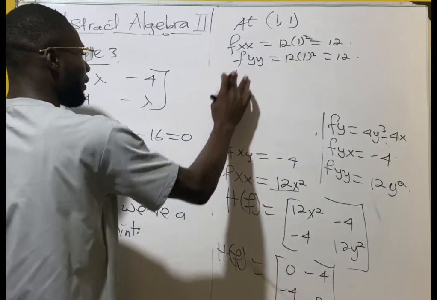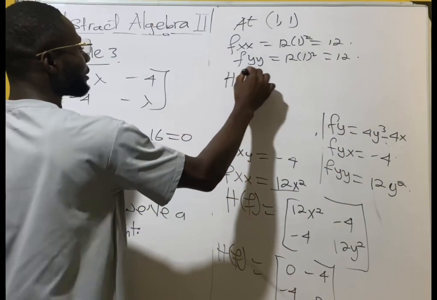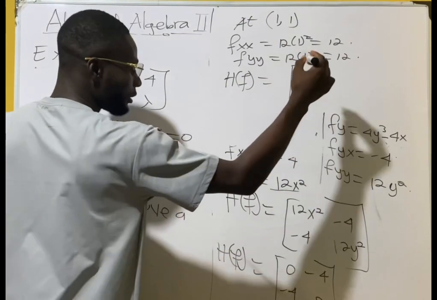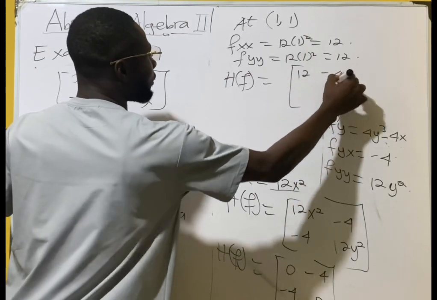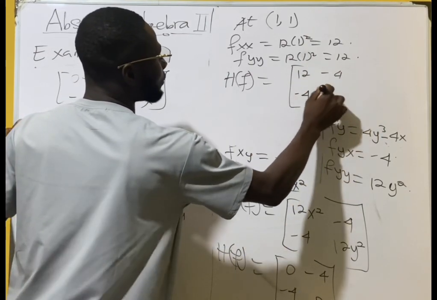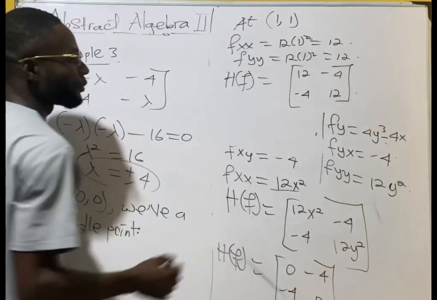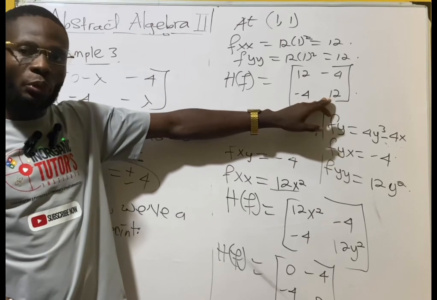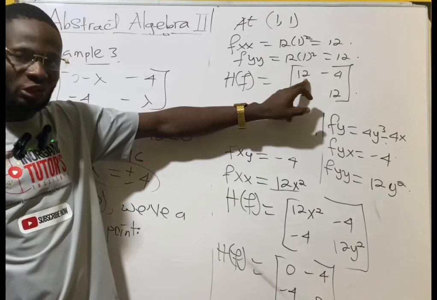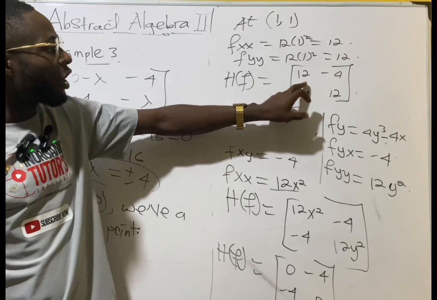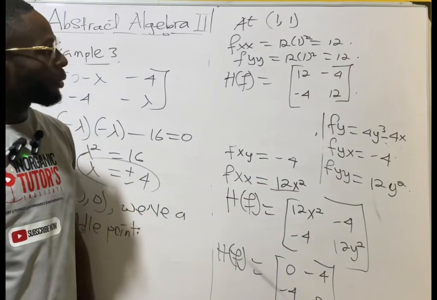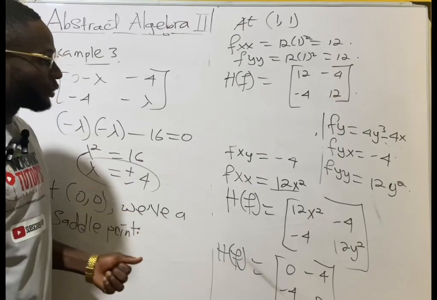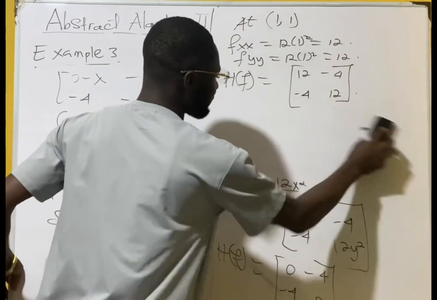So our Hessian matrix at (1, 1) will be [12, -4; -4, 12]. We can see clearly that this is going to be a minimum because all the eigenvalues are positive. Should we do that? Okay, if you want us to, we can do that for you to see.